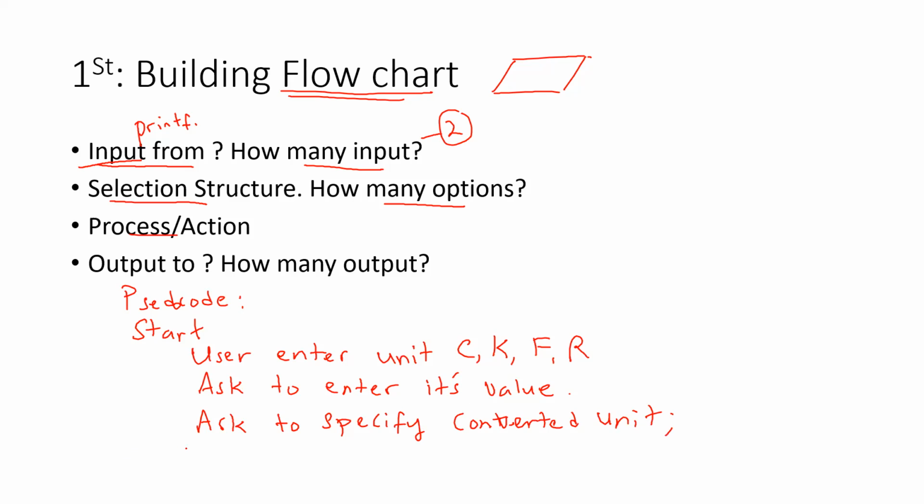Okay, and then after that, we just do the conversion, display the output. So that's easy, and then you just use end. So pseudocode is much easier in most cases. In my opinion, I also prefer pseudocode because this is just a simple algorithm to follow, and the syntax and how you proceed with this depends on your skill in that particular programming language.